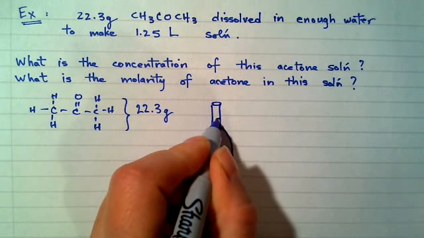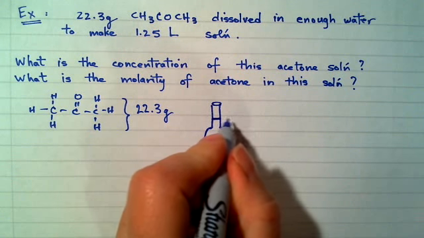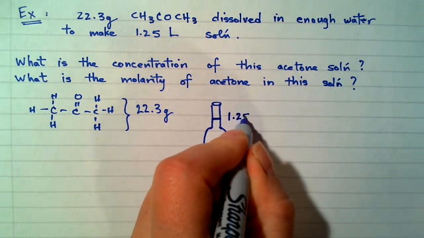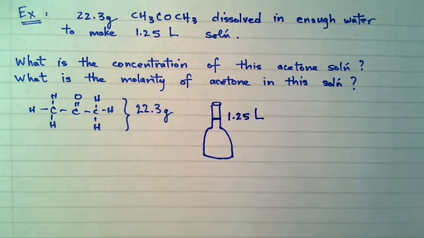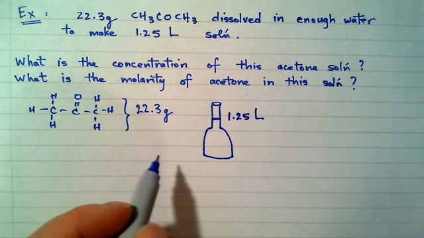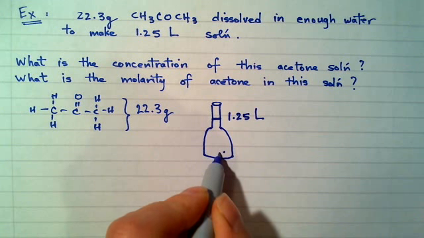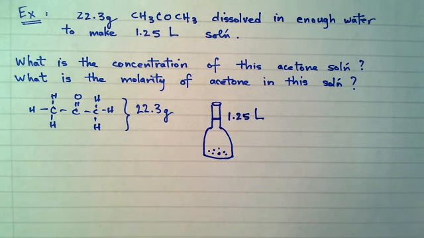And let's pretend that it would have a mark on it, and that mark represented exactly a volume of 1.25 liters. So the idea here is that we have a solid, 22.3 grams of my solute, and I want to make a total solution of 1.25 liters.